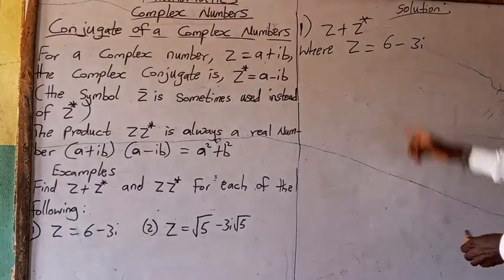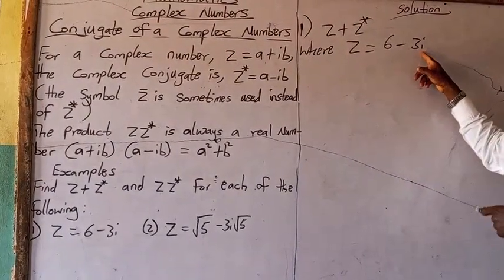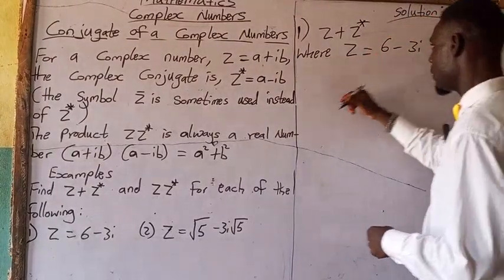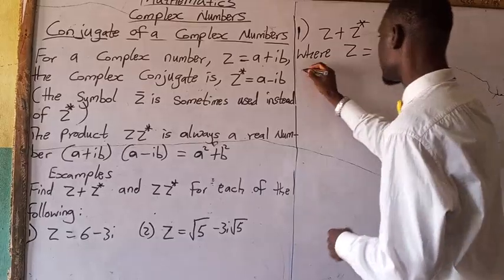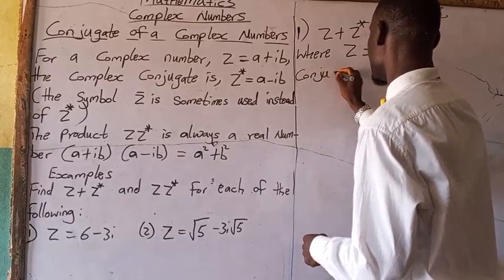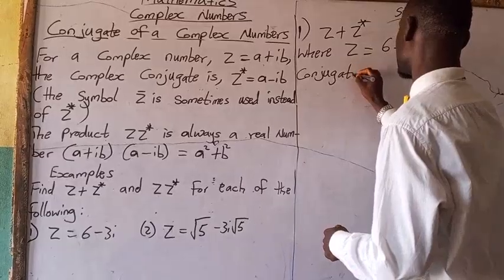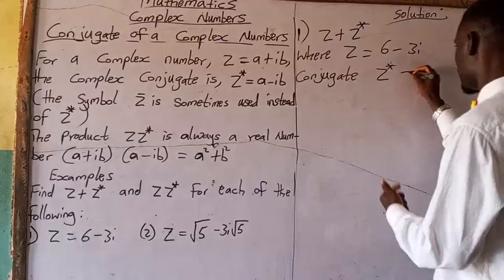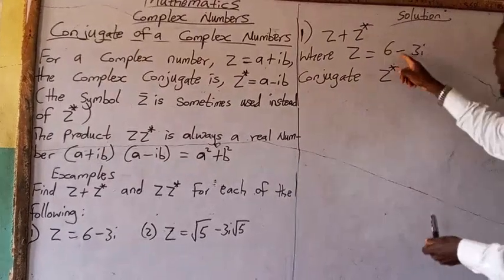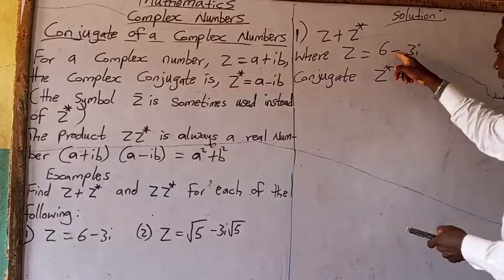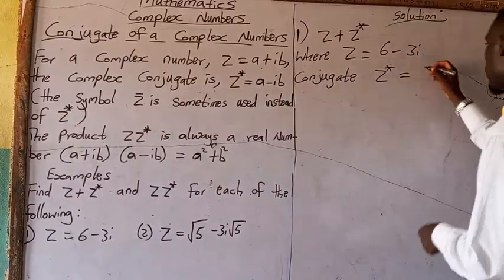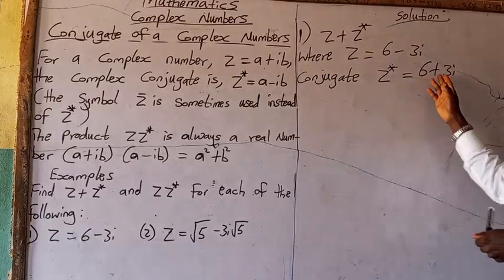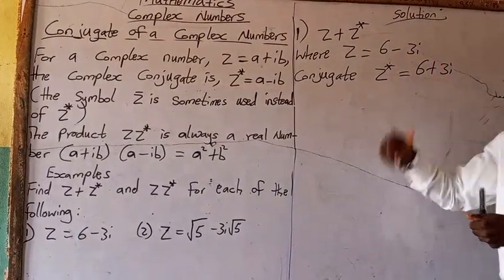Remember in our previous class, I said this i is an imaginary number. So, already it's our solution. Let's find the conjugate of this. The conjugate, Z star, will be what? Now, if you observe very well, here is plus, here is minus. So its conjugate will be what? 6 plus 3i. You see it now? Just change the sign, and it becomes its conjugate.